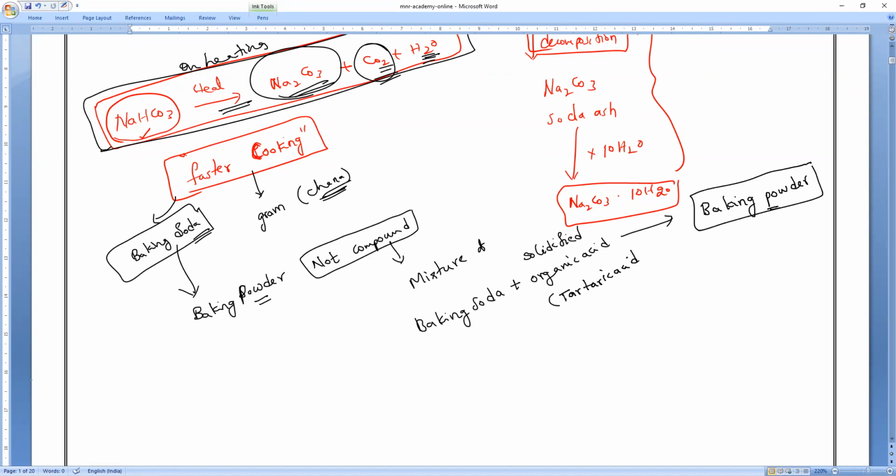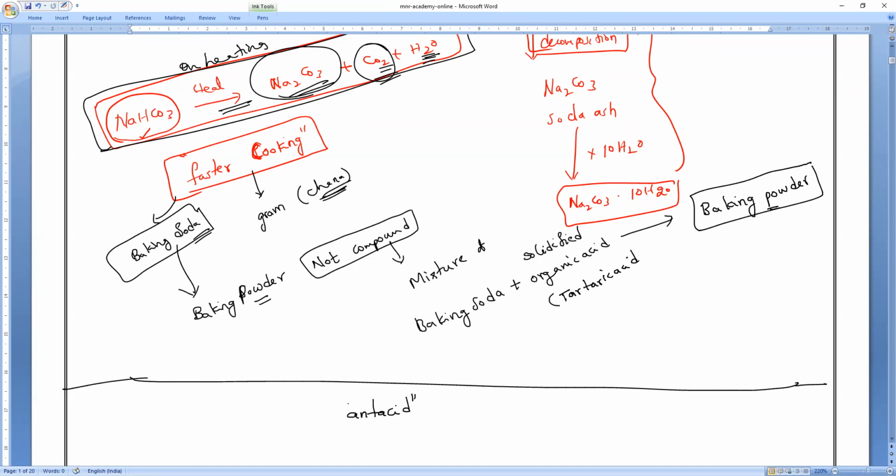The first use of sodium hydrogen carbonate is as an antacid. That is the major important role. So we have only two antacids in class 10th to remove acidity.